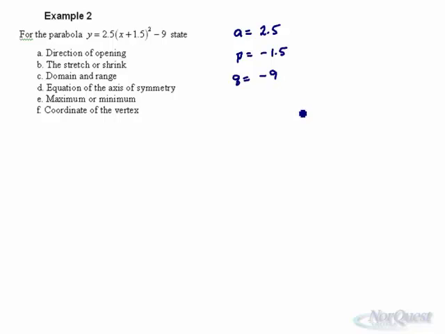So if you were to think of this graph, again, if you wanted to sketch it for yourself, and a sketch doesn't have to be perfect, but because the A is positive, it's going to open up. Because the p-value is negative, that means we're going to go 1.5 units to the left, and we're going to go 9 units down.